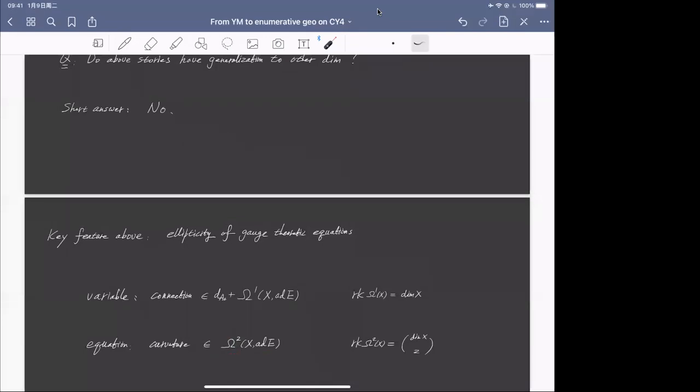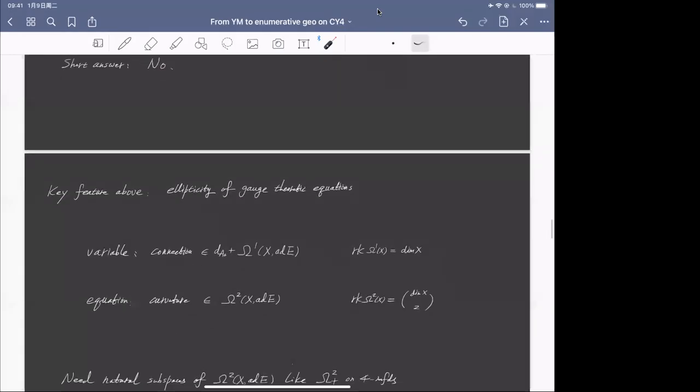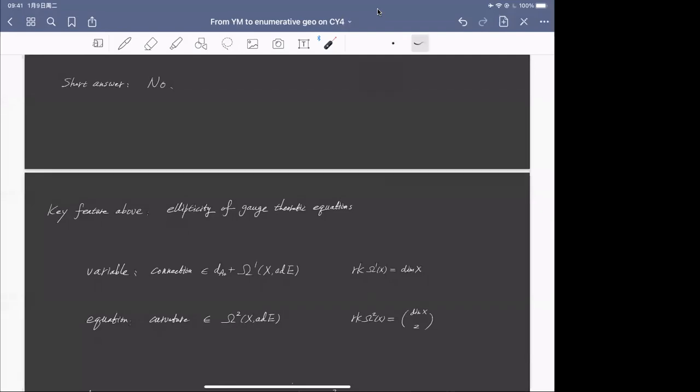But remember on arbitrary dimensions, the rank of two forms increases quite rapidly if the dimension of X increases, because this is dimension X choose 2. For example, in 4 dimensions, as I wrote before, 4 choose 2 is 6. But if you go to higher dimensions, this increases rather quickly.